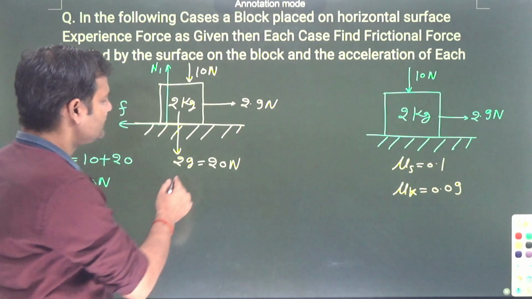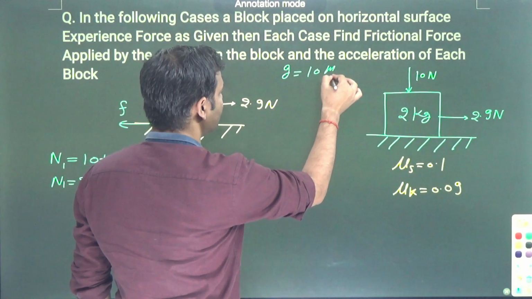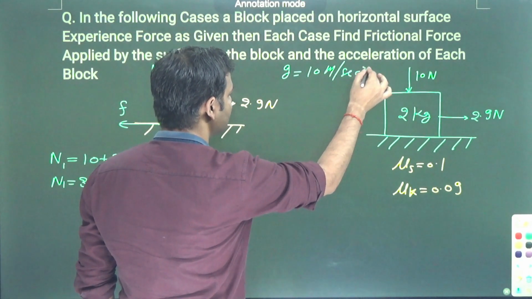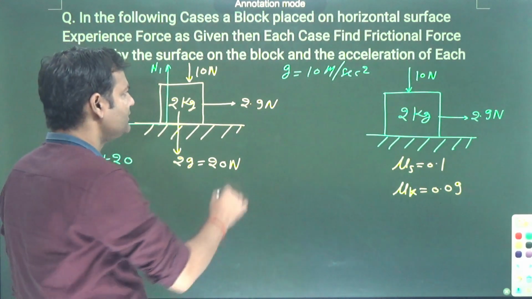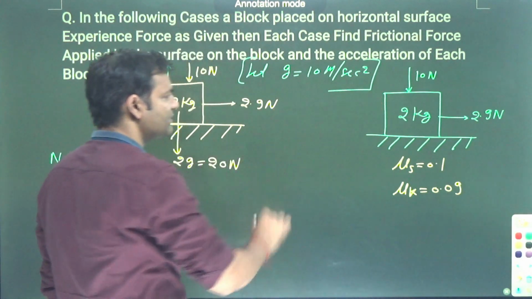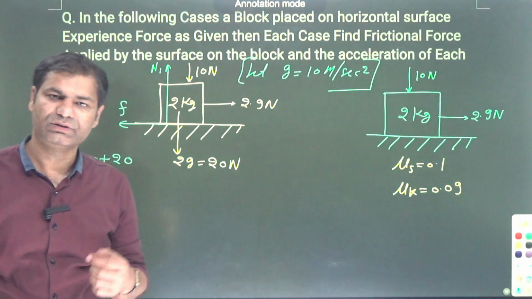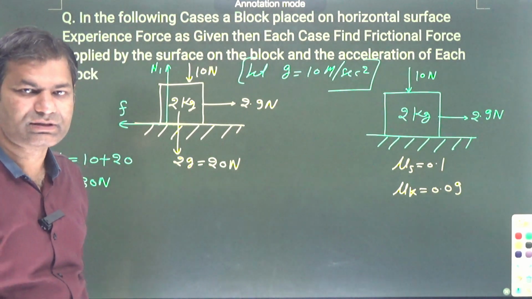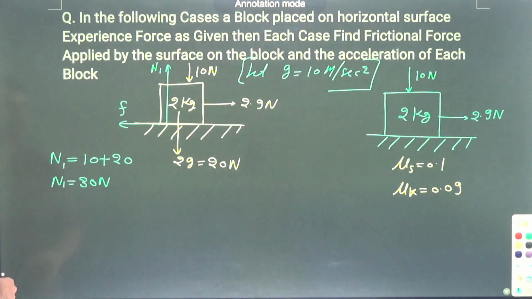We have taken g as 10 meter per second square for simplicity, otherwise you can also choose 9.8, but with 10 the calculation is easier. That's why N1 is equal to 30 Newton.